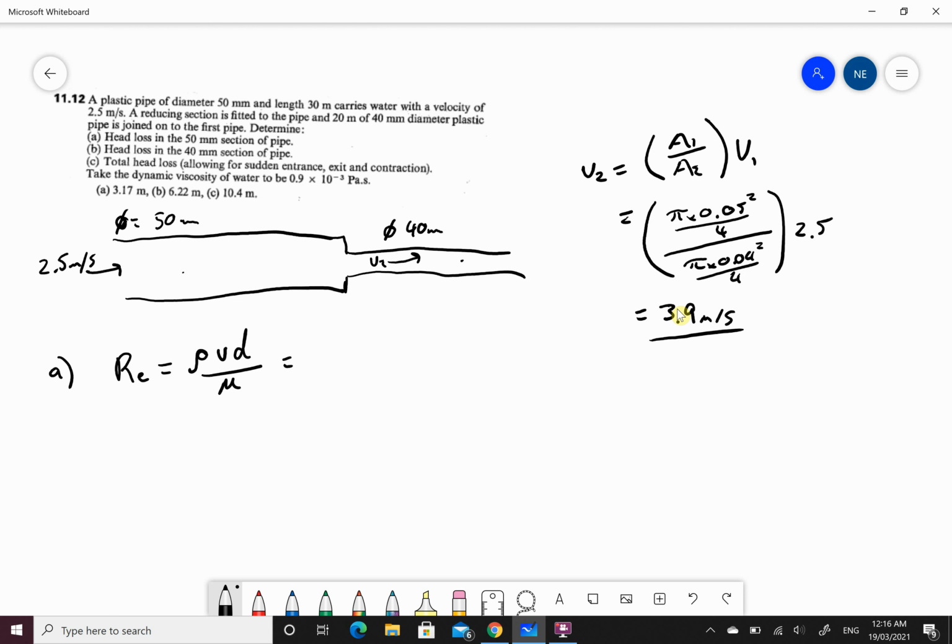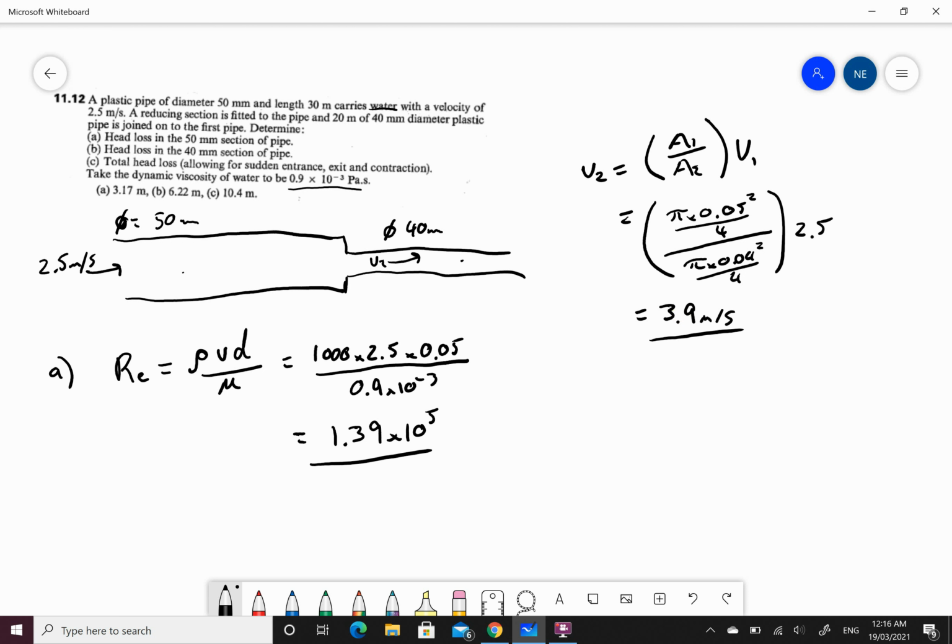We have water, so it's 1,000, times 2.5 times the diameter, 0.05, all divided by mu, which is this here. And our Reynolds number is equal to 1.39 by 10 to the power of 5.